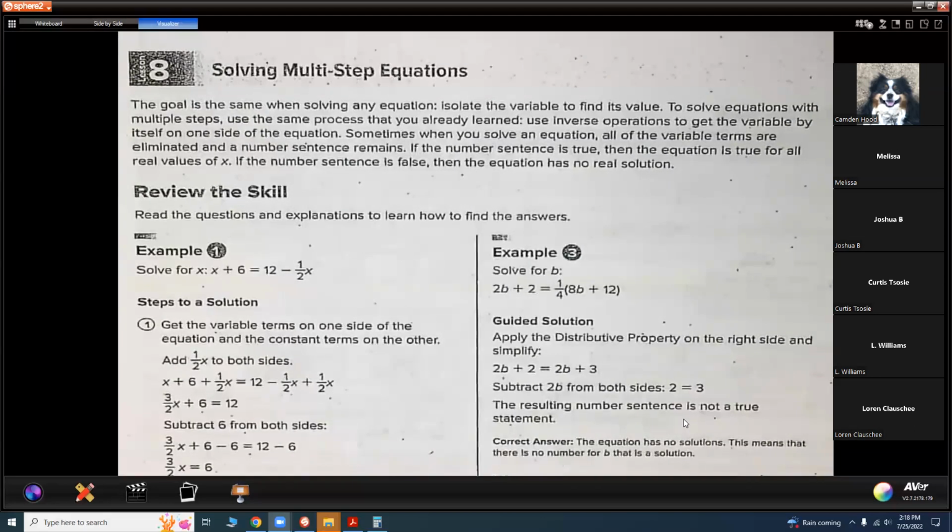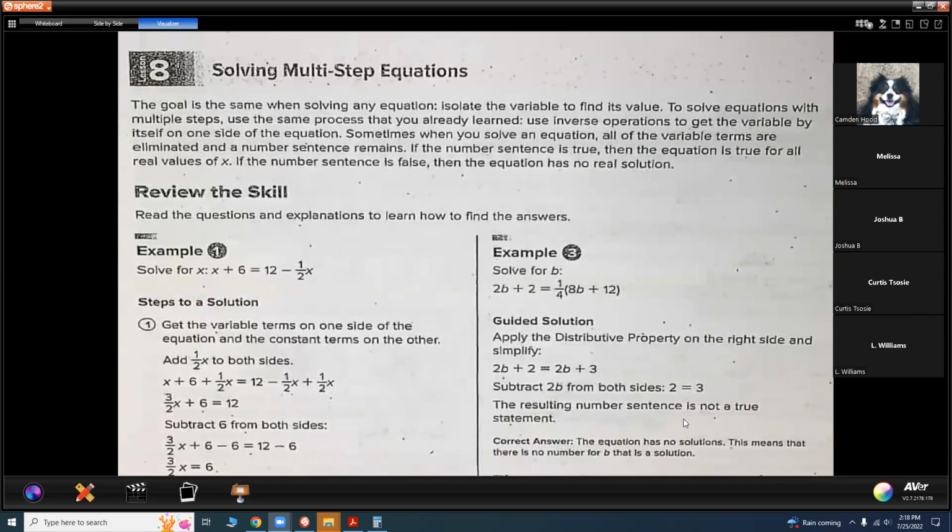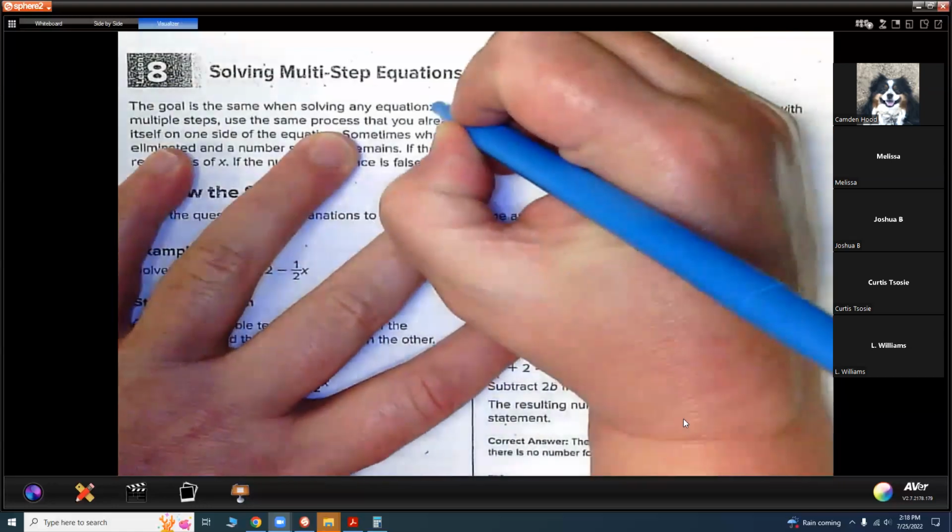So the goal is the same when solving any equation: isolate the variable to find its value. Does everyone understand? We've done this, so hopefully everyone understands, right?